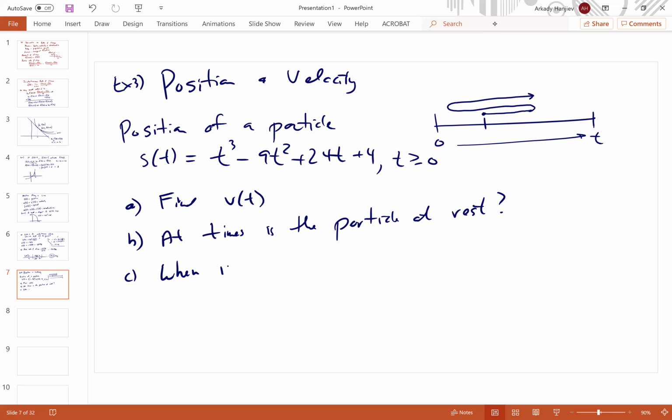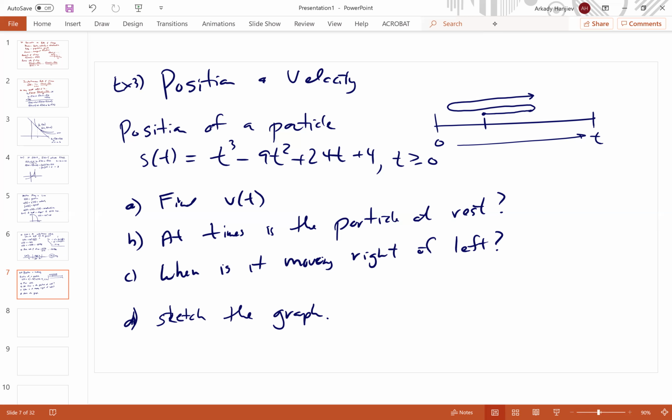When is it moving right or left? And D. Sketch the graph. Okay, we're good there.